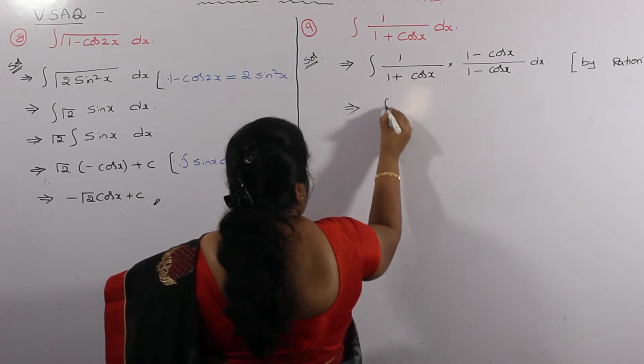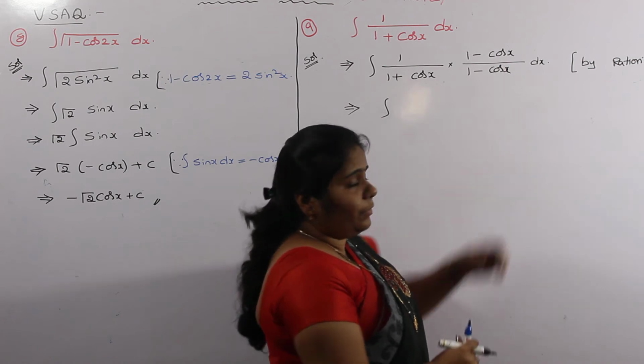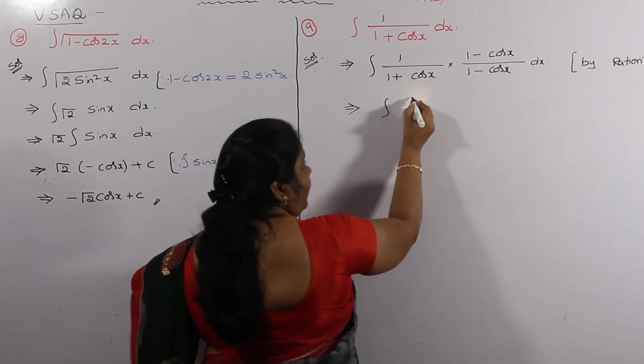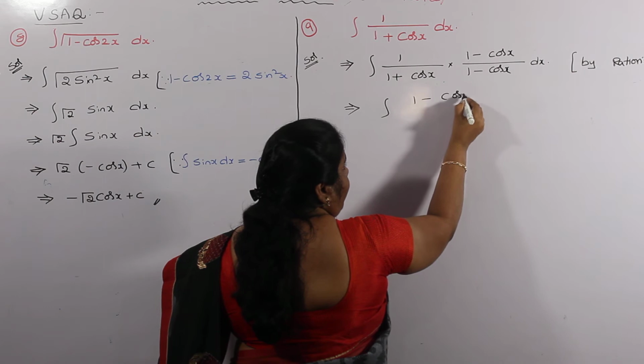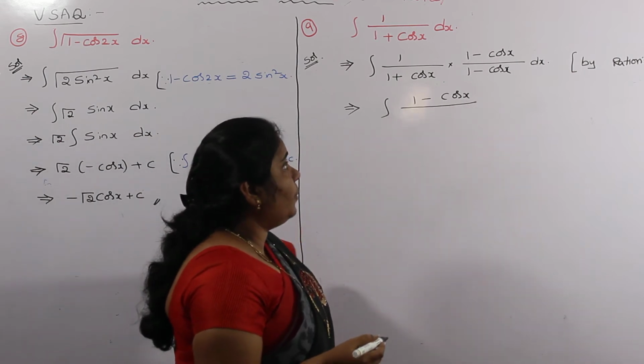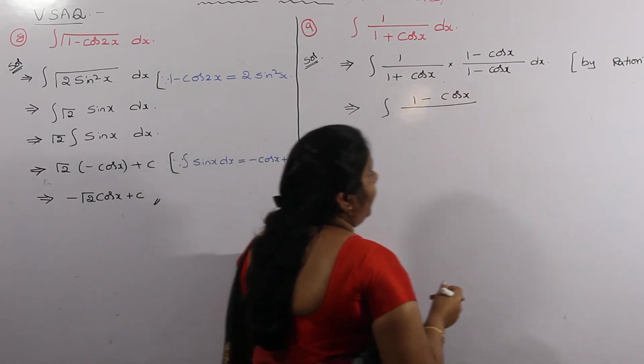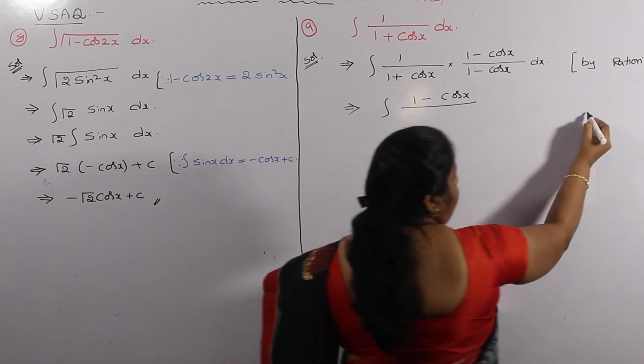By rationalization, that implies integral of numerator is 1 into 1 minus cos x, which is 1 minus cos x, all divided by the denominator, which is in the form of a plus b into a minus b. A plus b into a minus b is a square minus b square.